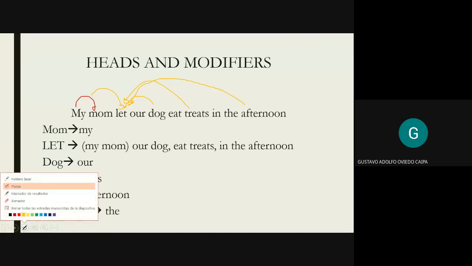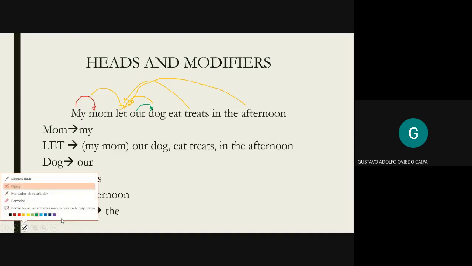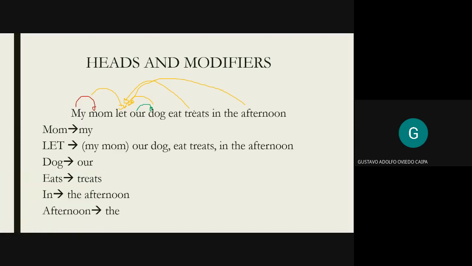Horrible, I know. Our gives information about dog. And another one. Treats, yes. Treats gives information about eat. The afternoon gives information about in.